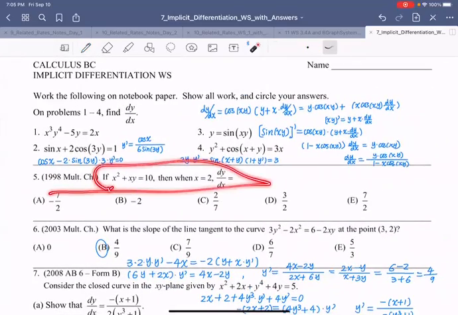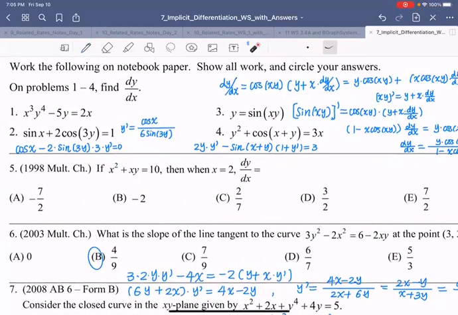Olivia, let's do the next question. Let's do this one. Go ahead, please. So it's 2x plus y plus x times dy over dx equals 0.